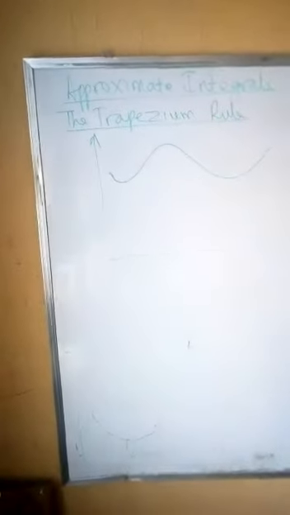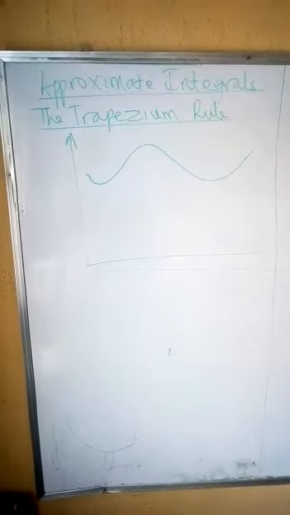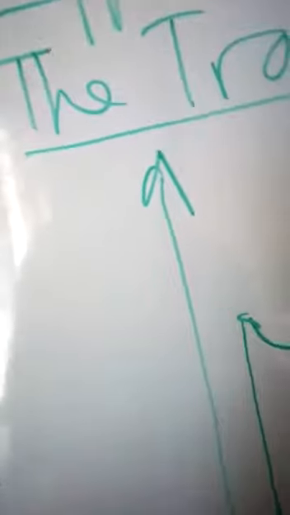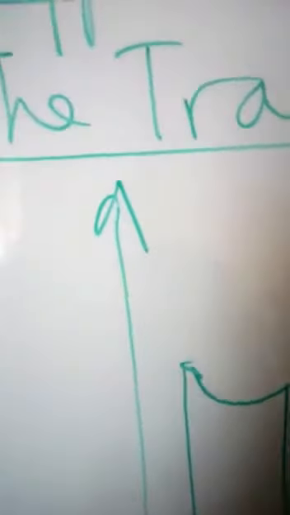So there is a function. Let's say this is a graph. Mathematicians assume that we can divide this graph into approximate trapeziums.